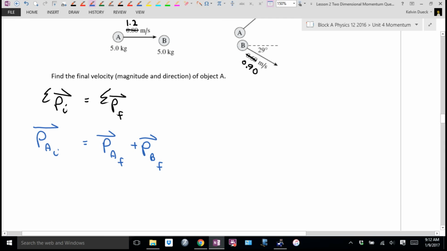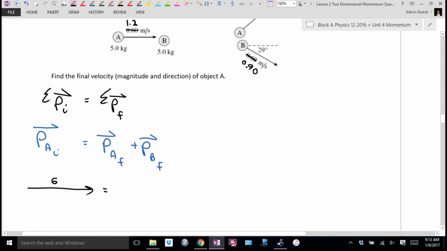Are there angles? Yeah. So don't be doing algebra now. We're going to dulp. I think, James, we can safely say puck A's initial from the picture looked like that. Yeah? Can someone go mass times velocity, 5 times 1.2? What's my initial momentum as a magnitude? 6.